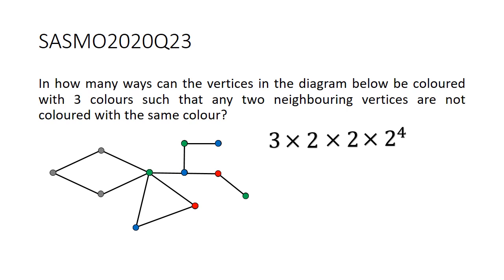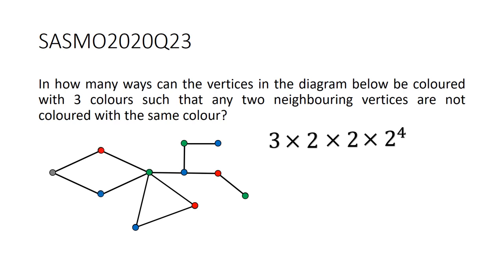So we've settled the majority of this diagram already, so we're only left with the left-hand side. But the tricky part is the rhombus on the left-hand side. There are 2 scenarios that we need to consider. In the first scenario, the 2 adjacent vertices to the green vertex on top of the triangle are differently colored.